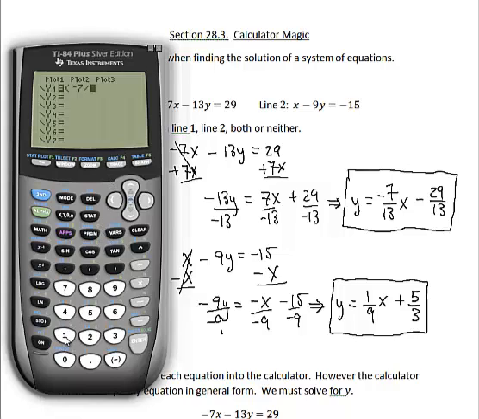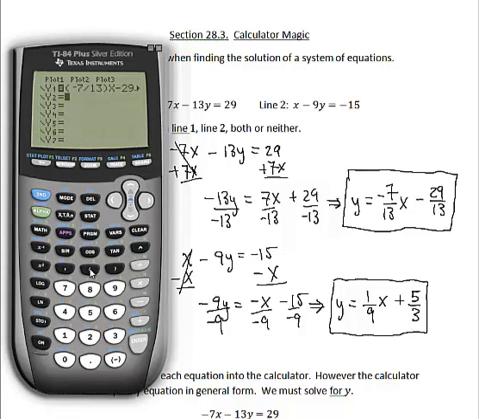And now we type in 13 for our denominator, and we place an x beside it, and notice that I close the parentheses before the x. And our y-intercept is a negative 29. We can use the subtraction button since something came before the minus. And we divide that by 13 and we hit enter. And so the calculator has accepted our first equation.